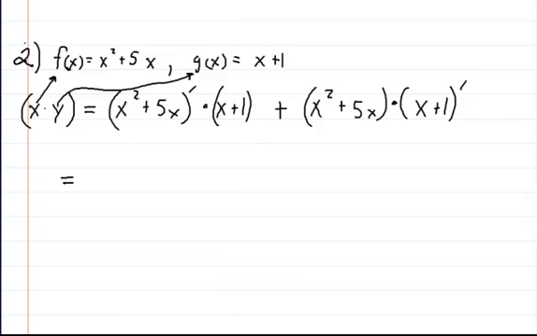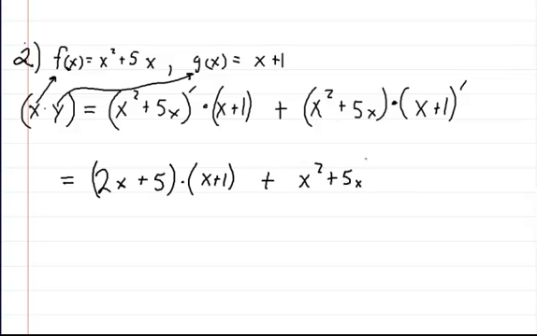The derivative of x squared is 2x. The derivative of 5x is just plus 5. Now we're going to multiply that by x plus 1. And over here, we're going to put down that x squared plus 5x. And then we're going to multiply that by the derivative of x plus 1, which is 1 since the derivative of x is 1 and the derivative of 1 is 0, so that just goes away.